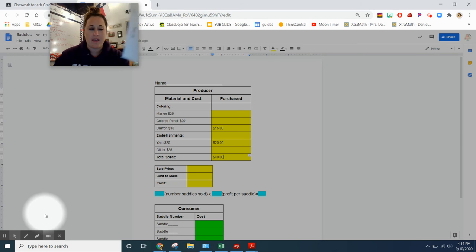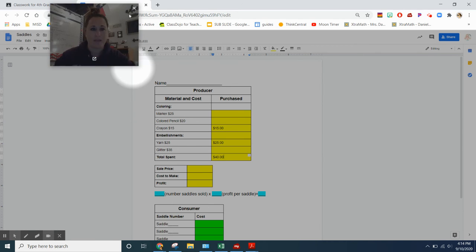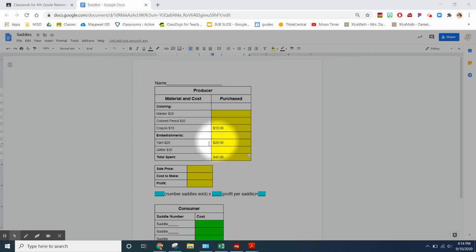Then you need to come back to this page, back here. So you've already typed in this is like your order form. You're going to type your sell price here. So say I want my sell price to be $75. Now I need to figure out how much profit I will make off of one saddle. So it costs me $40 to make my saddle.